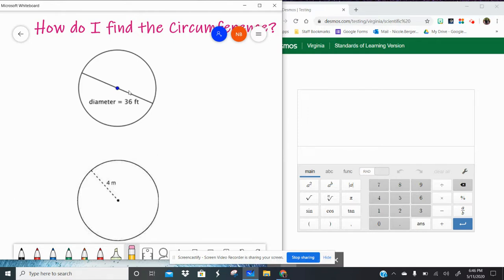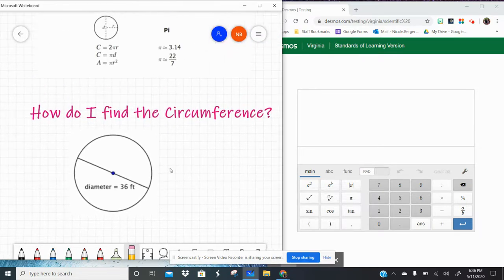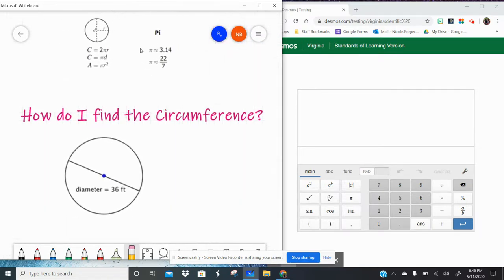So if we look at this first circle, I have a diameter of 36 feet. And again, we do not have to memorize the formula for circumference. It is right here at the top. So I look at the two formulas.